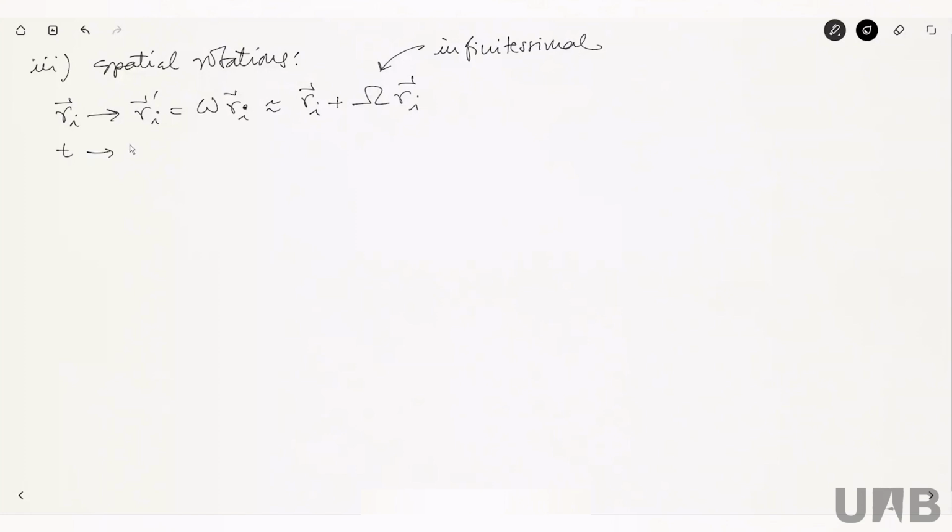And t does not change at all. So t stays the same. And this is true for all the particles. Okay? So that means that the variation of each position vector is precisely this infinitesimal rotation away from unity, because this is the variation with respect to doing nothing.